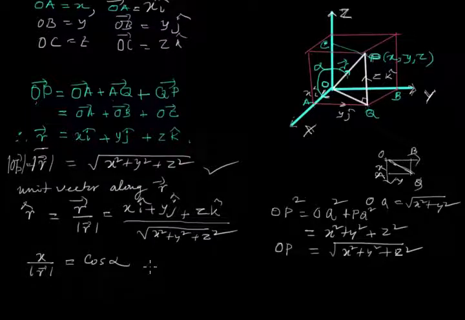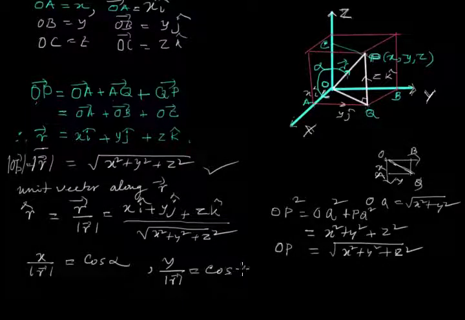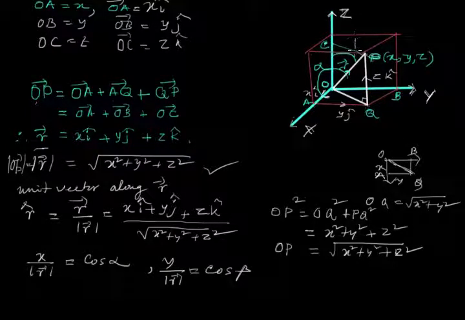Another relation we get: y by mod R is cos beta. So this is the angle between OP and the y-axis. Or you can draw the diagram here.